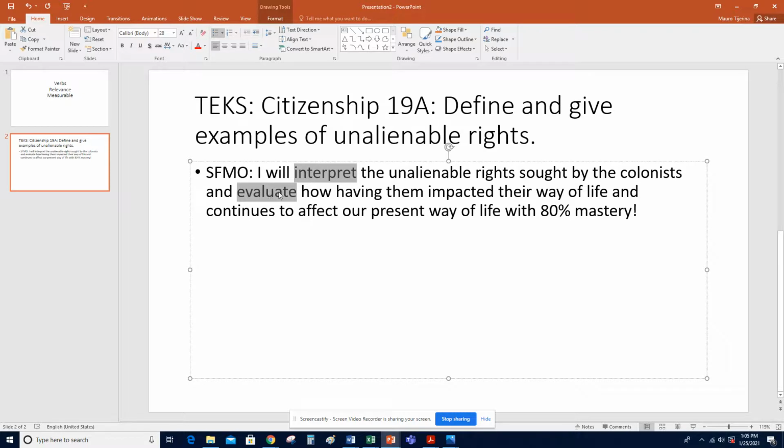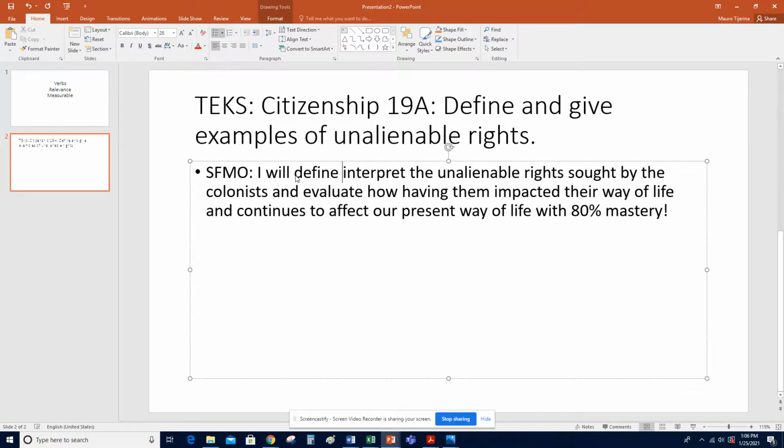This would be Costa's highest level, and this would be Costa's lower level. So I'm having them first interpret. You can even say, I will define and interpret them. You're first introducing them to the actual unalienable rights that they believe they should have, and you're having them interpret, and eventually evaluate how having them impacted the colonists' way of life, and how that affects our present way of life, with 80% mastery.